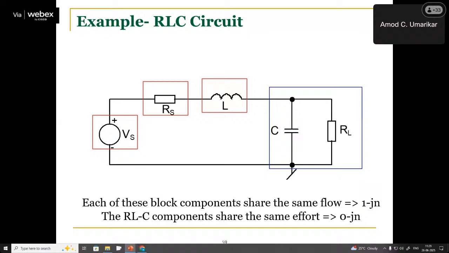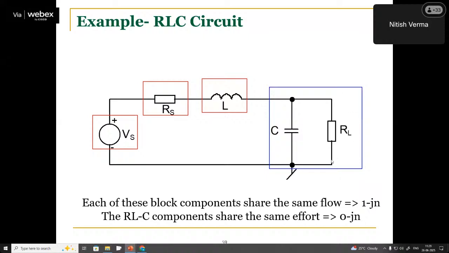That is for ideal capacitor, no, sir? See, do you agree that the current of Vs, Rs, and L is the same? Yes, definitely, sir. What about this? The current will be different individually.